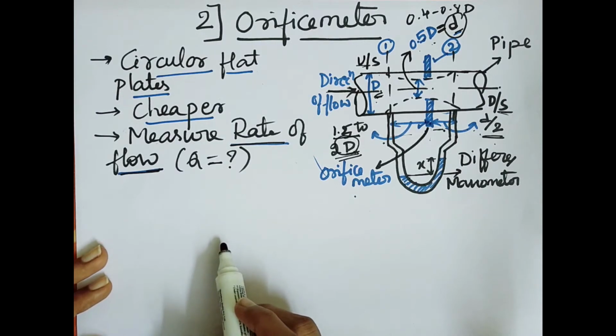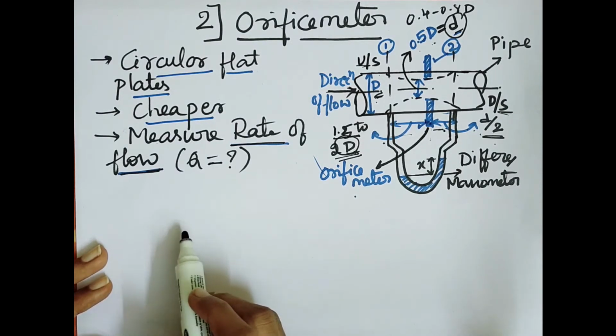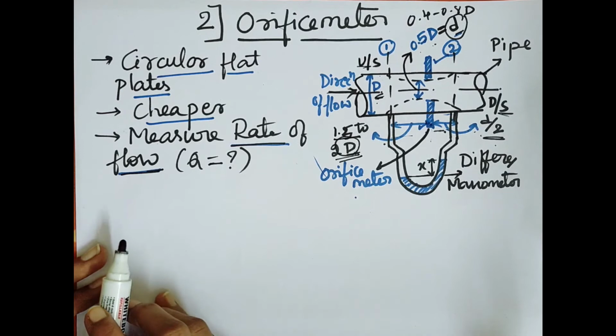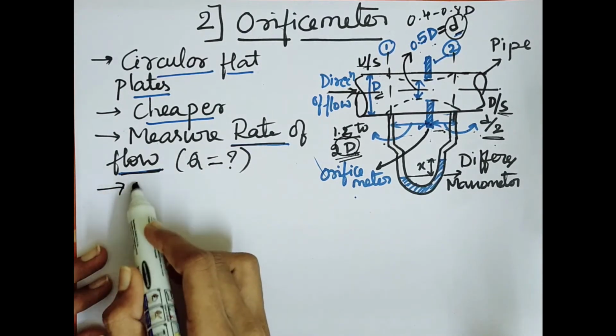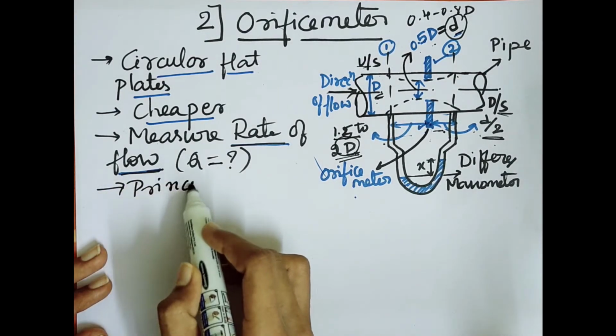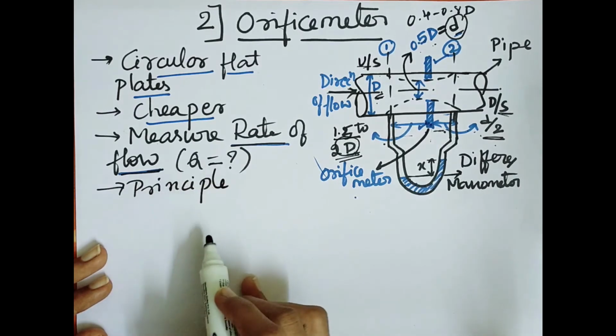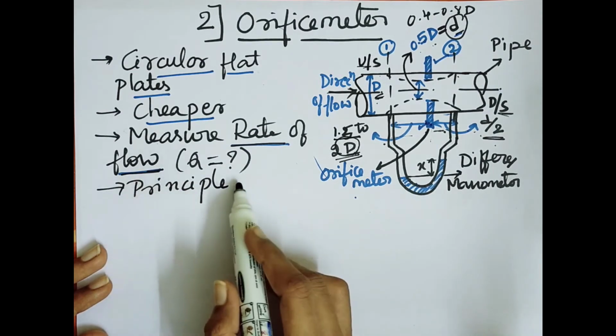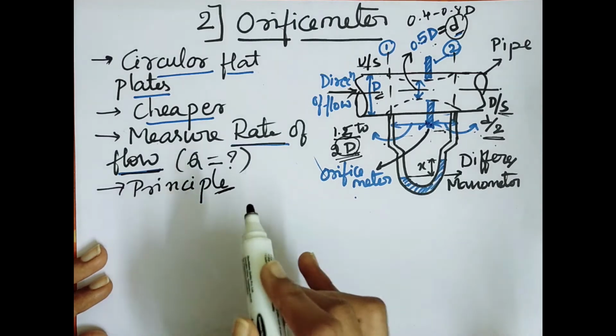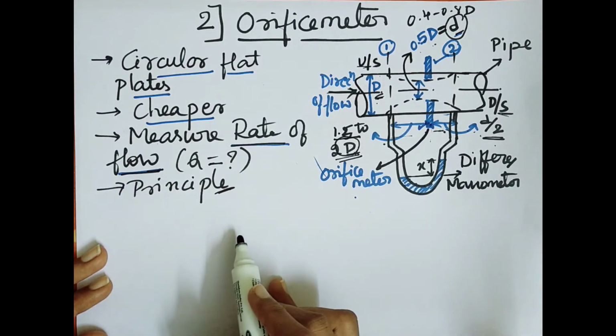To obtain the equation for Q, what is the principle? The principle is the same as that of the Venturi meter. Whatever principle you applied for the Venturi meter is the same here for the orifice meter also.